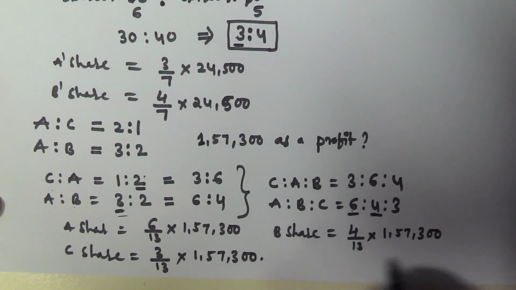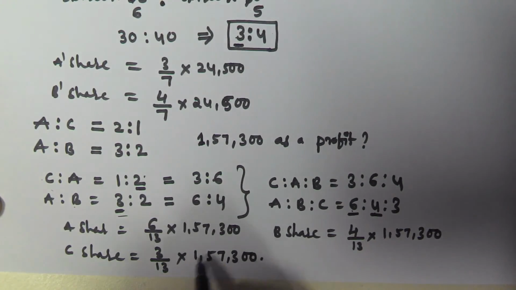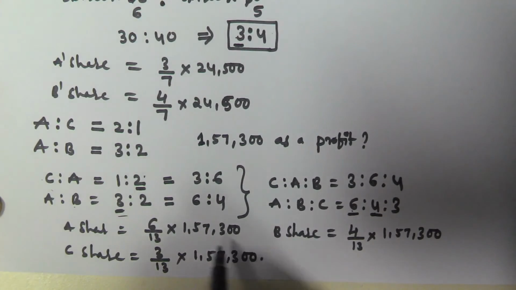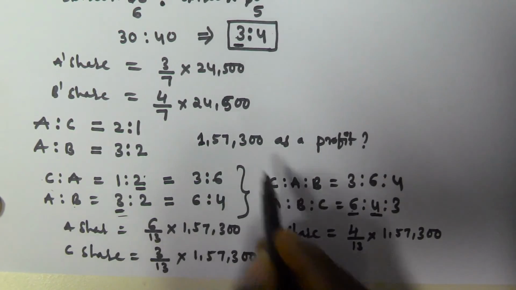If you simplify these multiplications and divisions, whatever value we get are the shares of A, B and C in the profit.